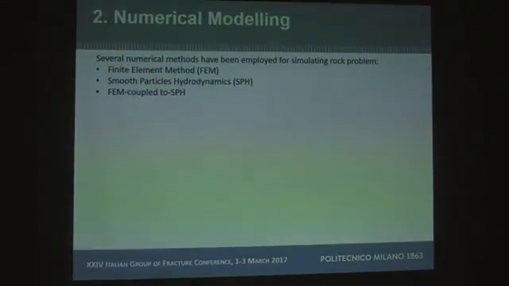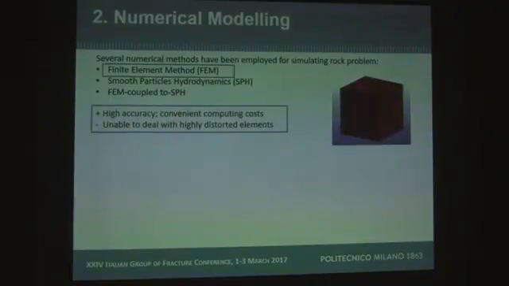So, in terms of numerical modeling, many numerical methods have already been developed for rock mechanic problems, like finite element methods, SPH, discrete element, and many other methods. What we've used is the FEM coupled to SPH, and in order to have an idea about this method, let's simply define the pros and cons.